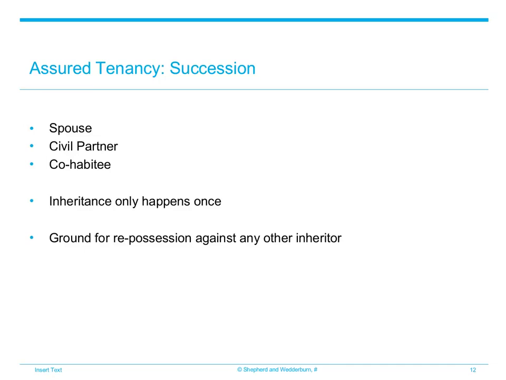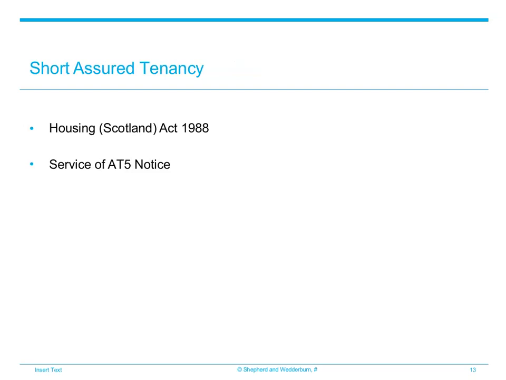Moving swiftly on then to short assured tenancies, I've already said that assured tenancies are probably the type that we're most familiar with, them having been the main type of lease in the private residential market of late. Now, an SAT, or a short assured tenancy, is a tenancy which would otherwise be just your plain assured tenancy, but where prior to the creation of the lease, an AT5 notice has been served.